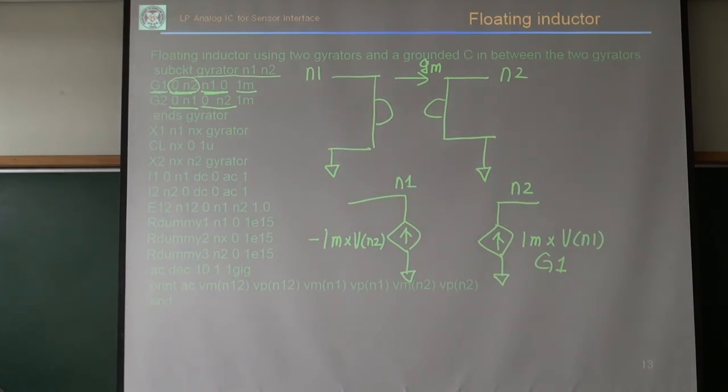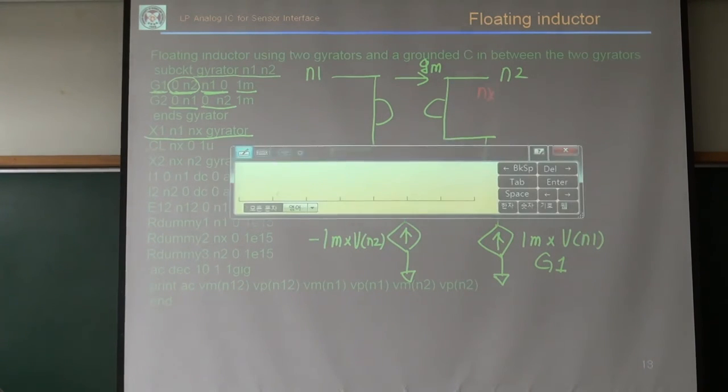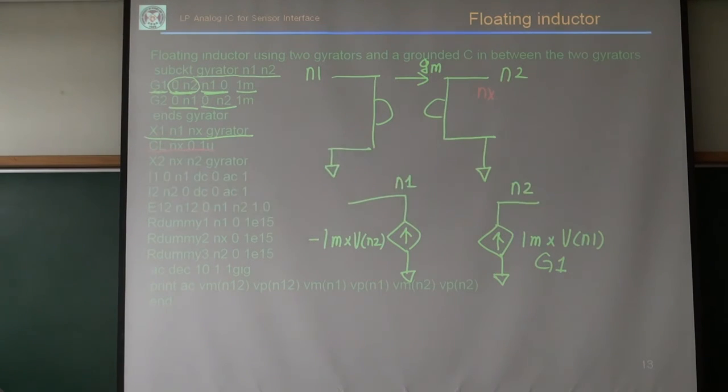Then see, I put my gyrator here. This is my gyrator N1. This thing becomes NX this time by sub-circuit expansion. At this NX to ground, I put a grounded capacitor, this time 1 microfarad.